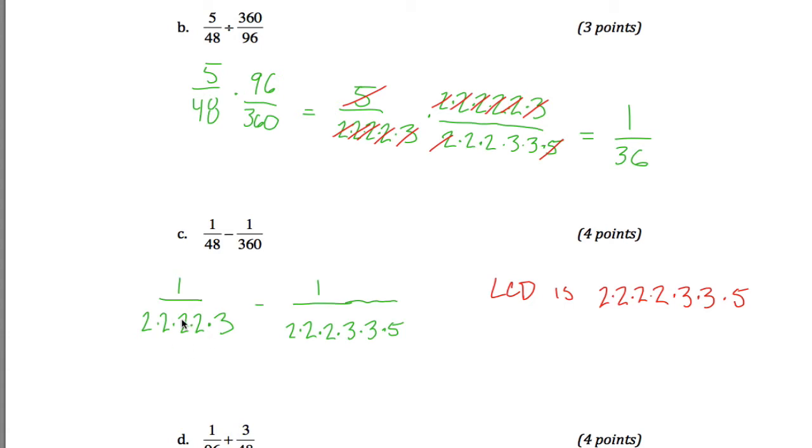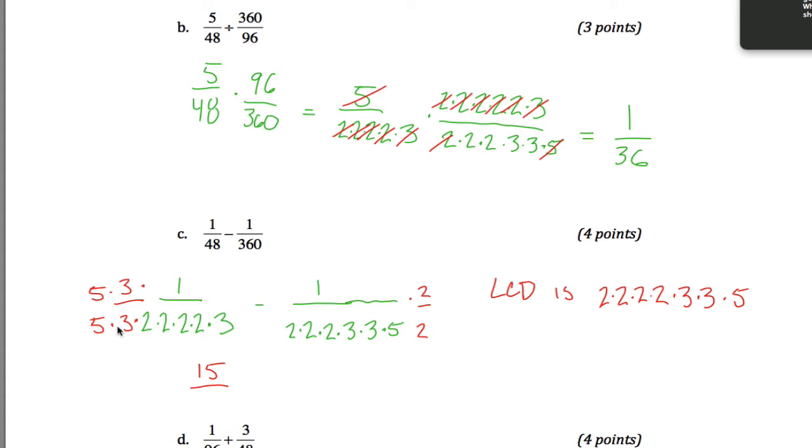So in order to make this equal to my least common denominator, I'm missing a 3 and I'm missing a 5. Now I have 2, 2, 2, 2, 3, 3, 5. Exactly what I have over here. In order to make this the least common denominator, I'm just missing a 2. So what I am left with is, on the top here I have 15.